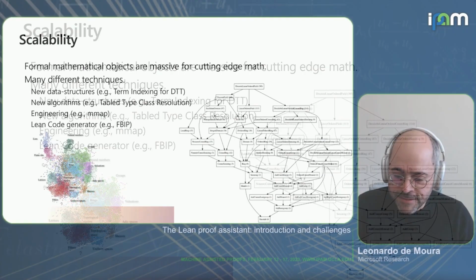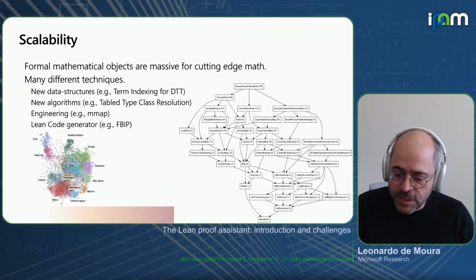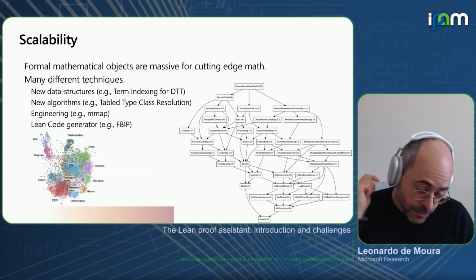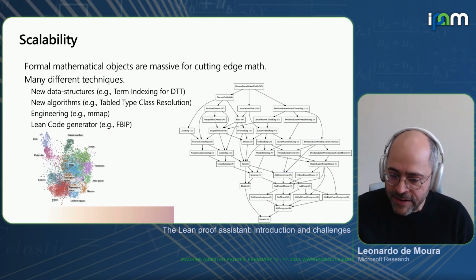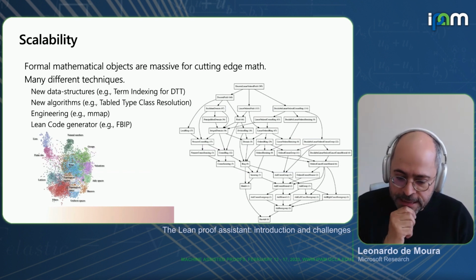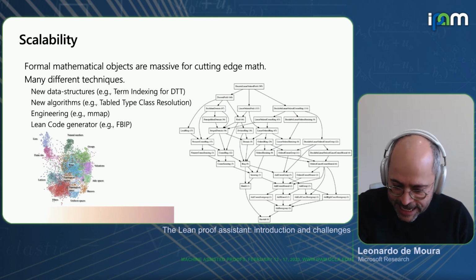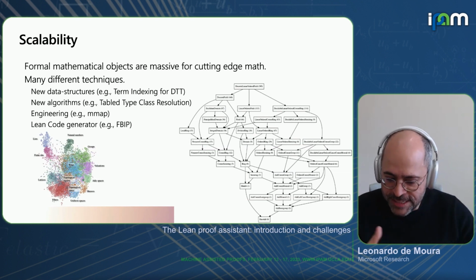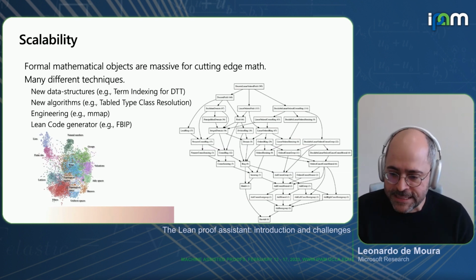The turnaround now is almost 24 hours. If someone submits a pull request to Mathlib, a contribution to Mathlib, it will take at least 24 hours for the continuous integration, right? This is the automated process that runs in the cloud to check that your contribution is not introducing problems in Mathlib.